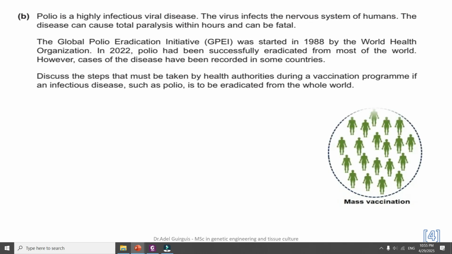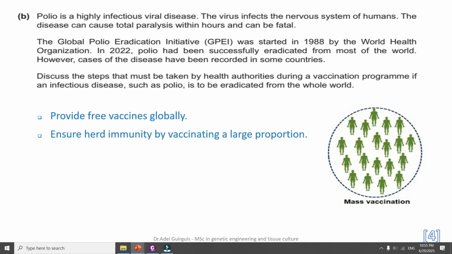So the first step is to provide free vaccines globally throughout the world, and create something called mass vaccination or herd vaccination. This is done with the help of volunteers in each country.